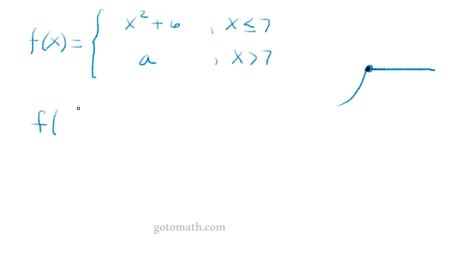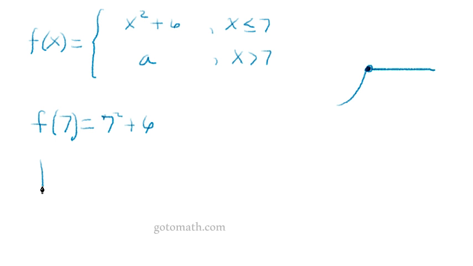First thing we're going to check is f of 7, and we can only use that up here because it says that we can use 7 in the domain here. So f of 7 is going to be 7 squared plus 6, just plugging 7 into the function.